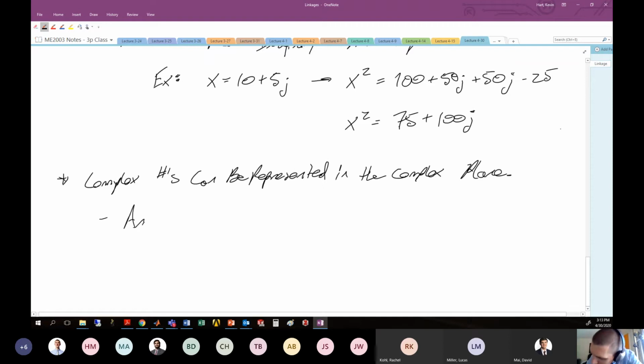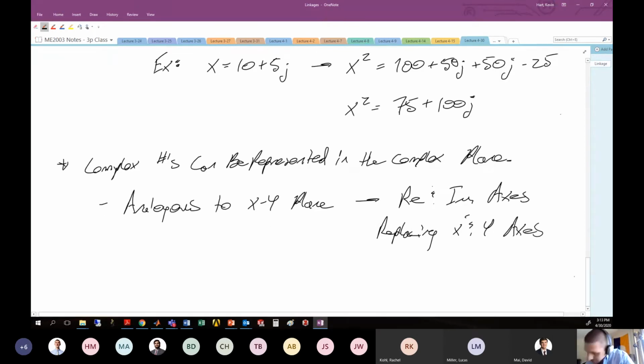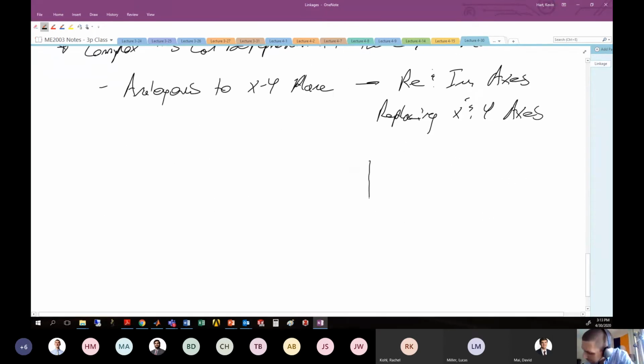So it's analogous to the xy plane with the real and imaginary axes replacing x and y axes. So in your mind, that should look like, here you have the real axis, here you have the imaginary axis, taking the place of the x and the y axes. We can use this complex plane to represent complex numbers.